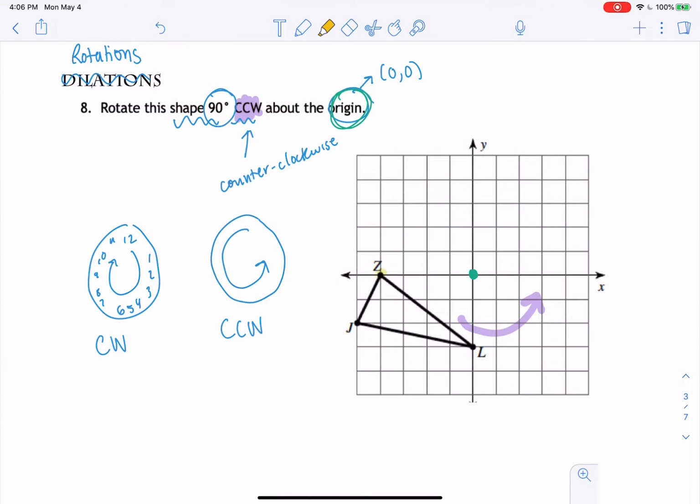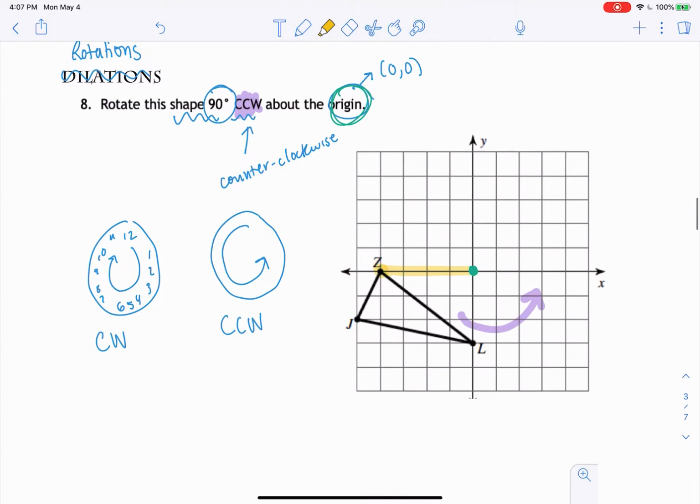Well, if I'm going to start by moving point Z, I'm going to create a 90 degree angle with this as one of the rays in the purple direction. That's a 90 degree angle. So I'm going to count the spaces 1, 2, 3, 4. 1, 2, 3, 4. This is going to be Z prime.